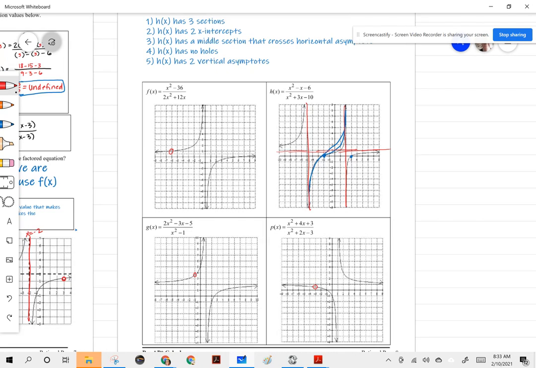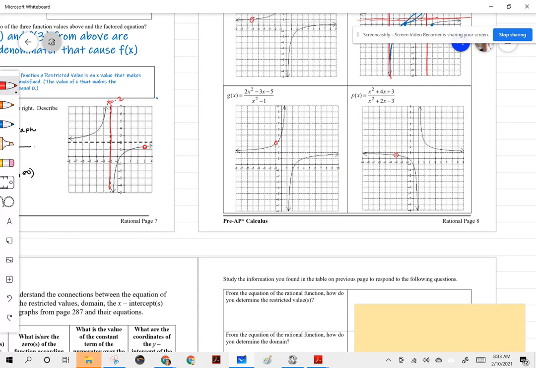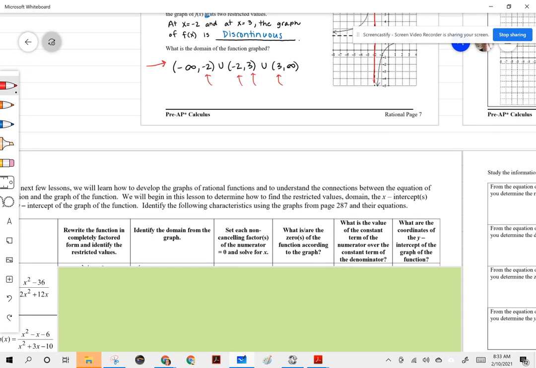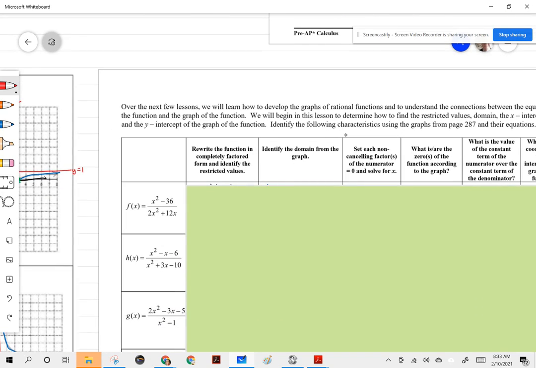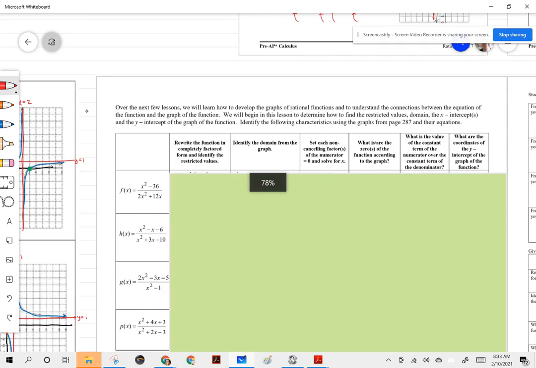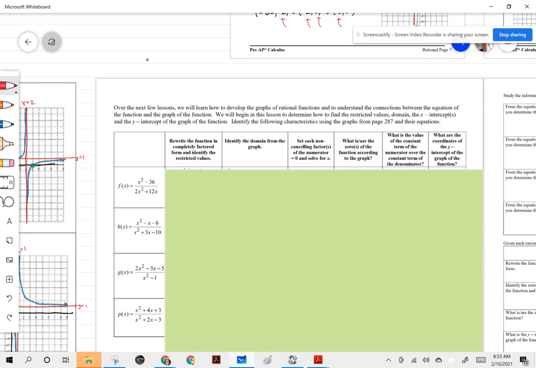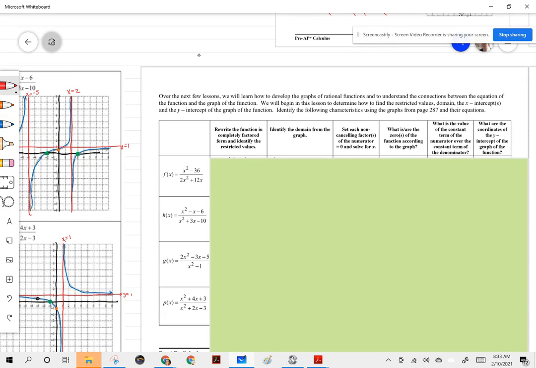All right, so now we are going to move to this kind of chart. And I'm going to zoom out just a little bit. One of the things that I did was on the graphs, I just recopied the graphs since we are supposed to look at these graphs and also the table.